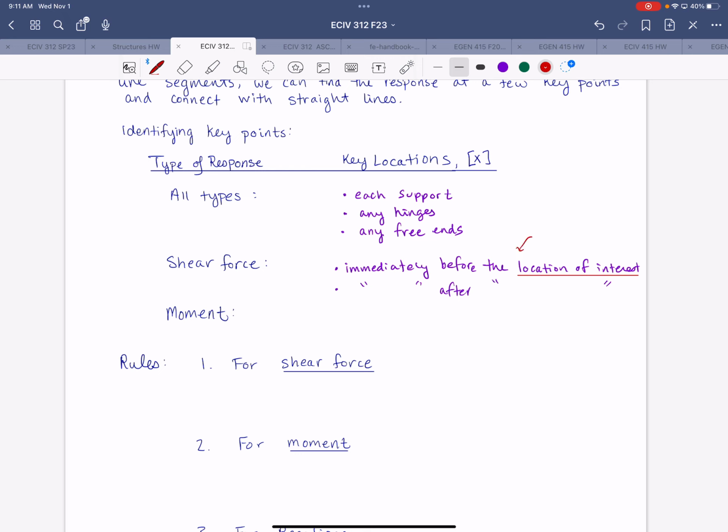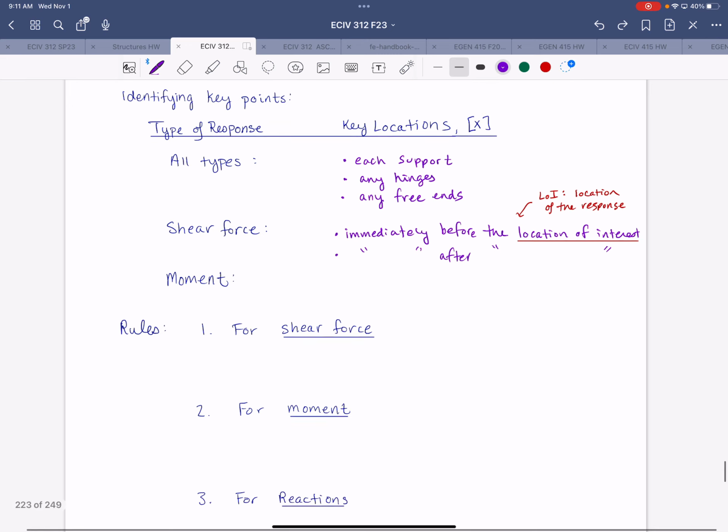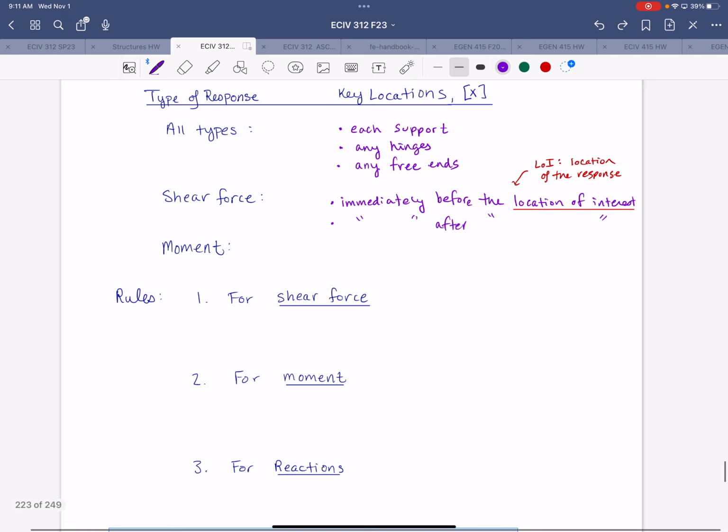All right, so I'll make a note here that the location of interest, I'll abbreviate it later as LOI. That is the location of the response. Not the same thing as X. X is where you place the unit load, right? For moment, in addition to these three considerations, you also need to place the unit load at the location of interest.